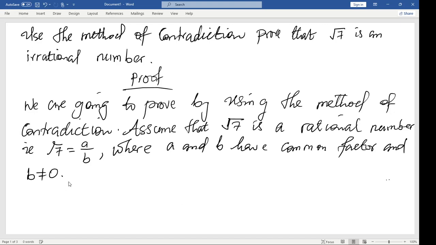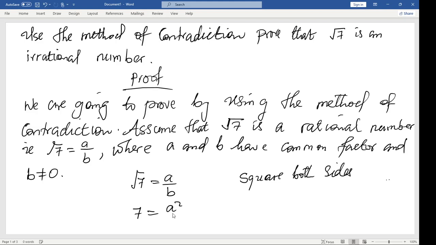So now, first things first, we have the root of 7 being equal to a over b. Then we square both sides. If you square both sides, you're simply going to have 7 on this side being equal to a squared over b squared.